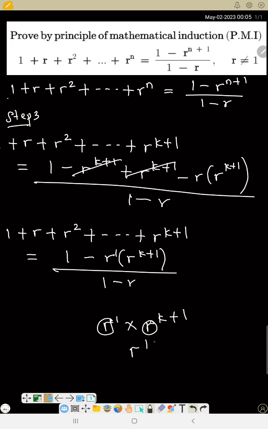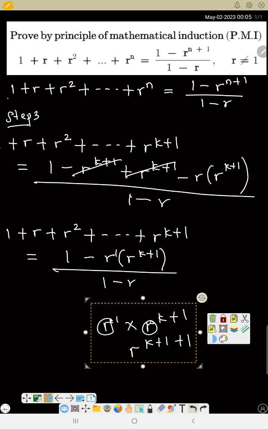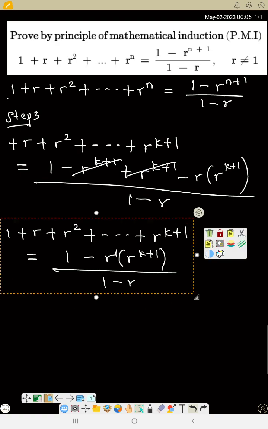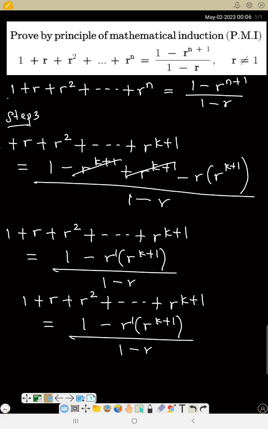So that will be r raised to power k plus 1 plus 1. So that is what I will have there. So this will become r raised to power k plus 1 plus 1.